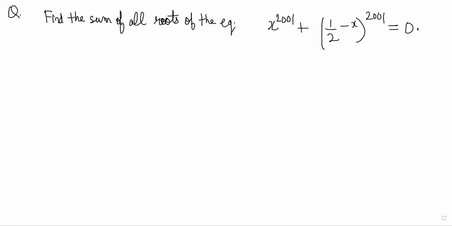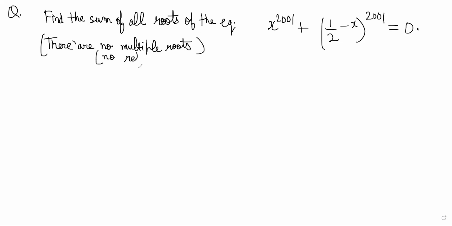What is given is there are no multiple roots. By that, what do we mean? No repeated roots, basically. We have to find the sum of all roots of this equation.